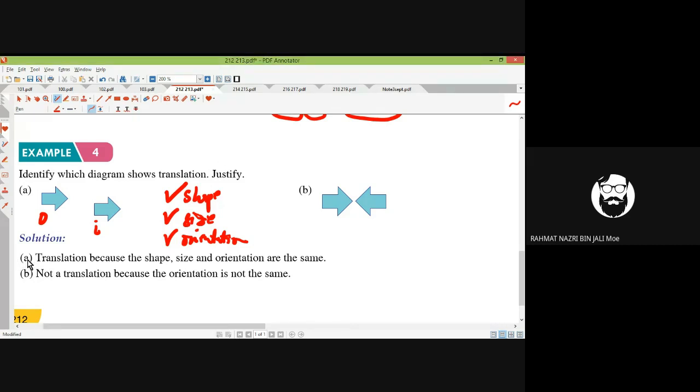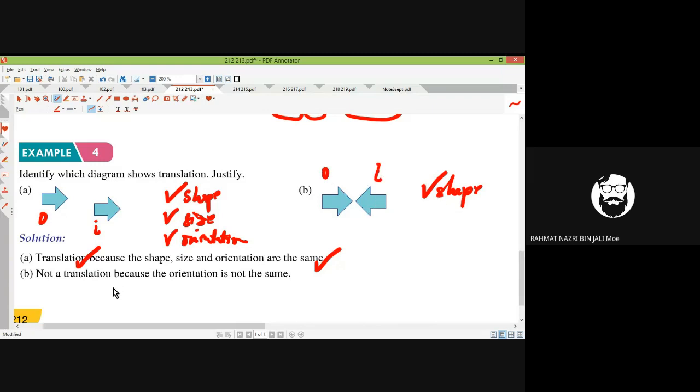So lastly, we can say that diagram A is one type of translation because the shape, size, and orientation are the same. Okay, the second one, the shape is satisfied. I have the same arrow on both sides, object and image.